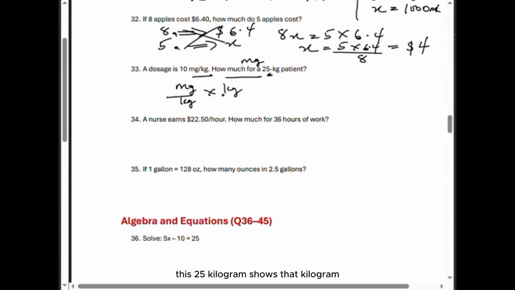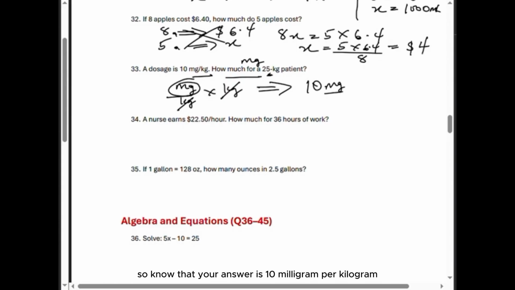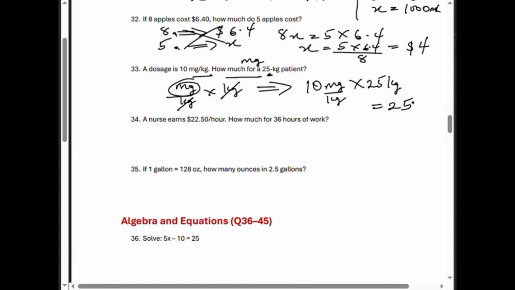This 25 kilogram shows that kilogram cancels kilogram and you still get milligram. Because you're looking for milligram, your answer is 10 milligram per kilogram times 25 kilogram of patient. Then you get 250 milligram.